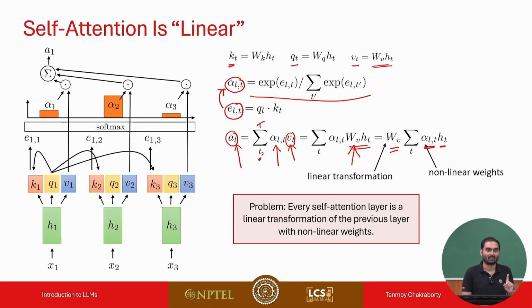So essentially what is happening is that you are multiplying the hidden state with a weight. And this weight is computed through some sort of non-linear operation. So the weight is a non-linear function, but this multiplication is a linear operation.